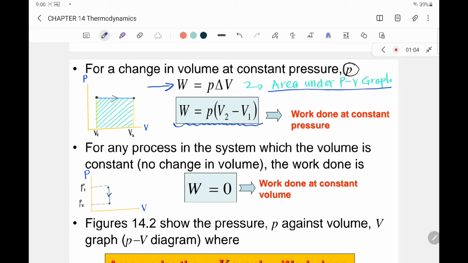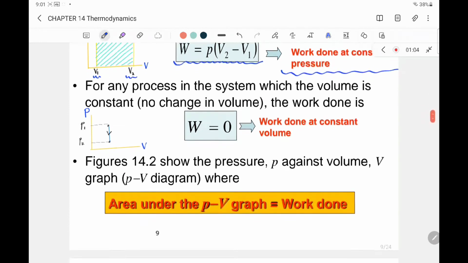How do we determine initial and final volume? We look at the arrow of the process. So this is the initial point, this is the final point. V1 is the initial volume and V2 is the final volume. This is work done at constant pressure.